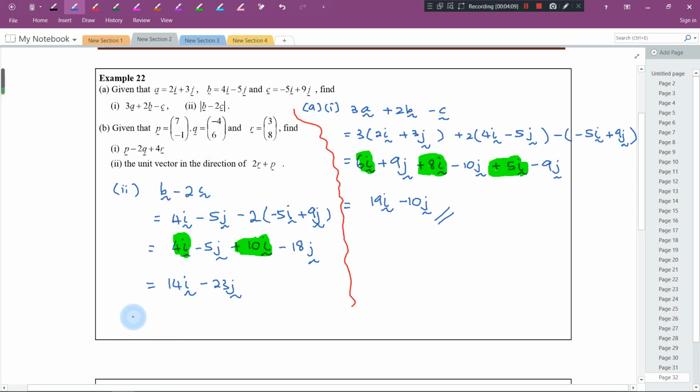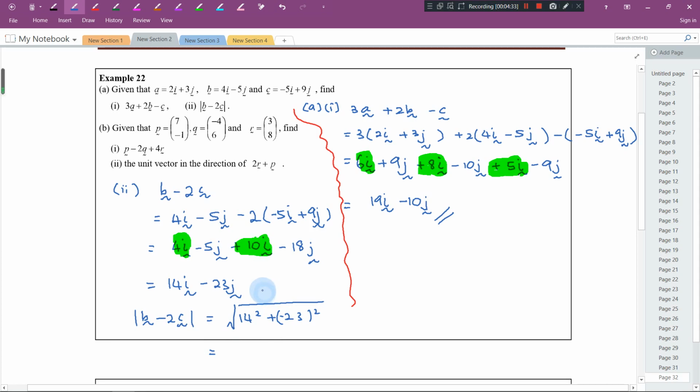So when we want to find the magnitude, it's very easy. The magnitude for b minus 2c will be equal to 14 squared plus 23 squared. If you want to write negative 23 also can, because negative 23 you square it, you get positive. If you don't want to write the negative, it's okay.